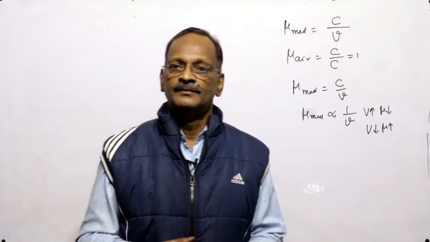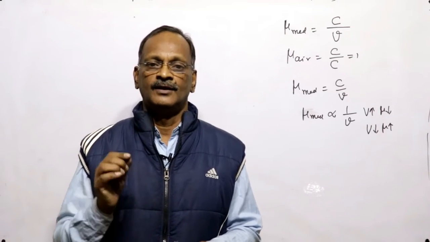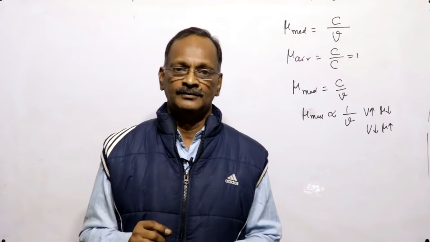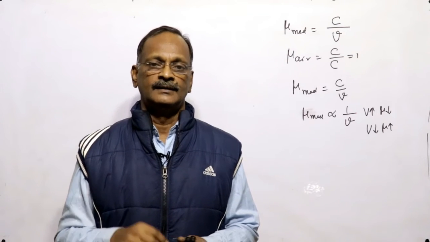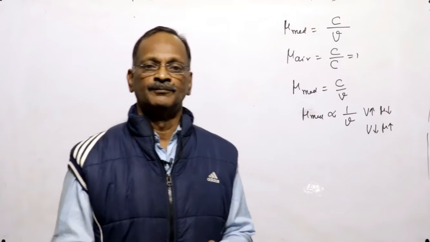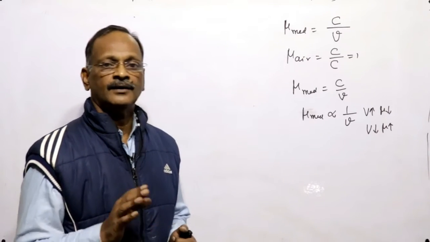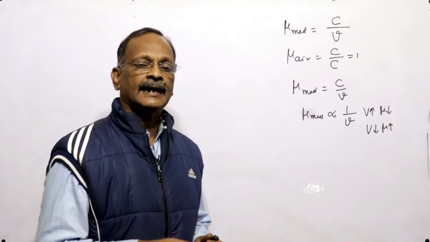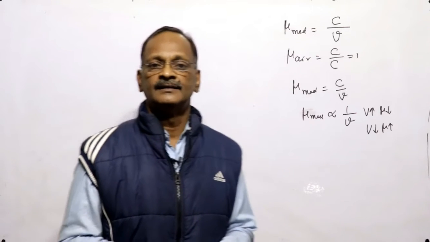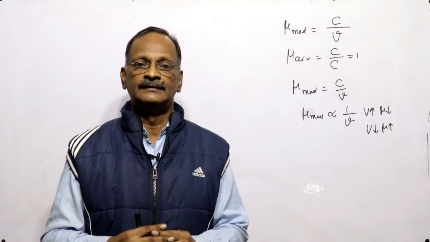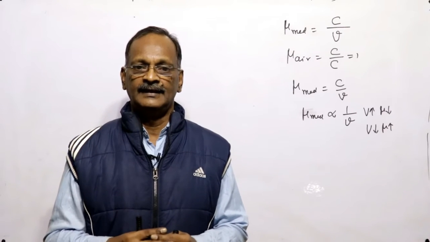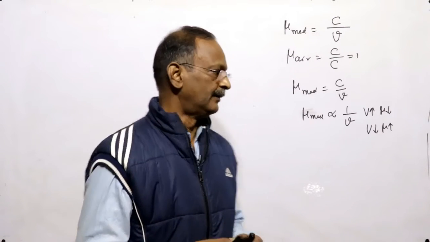The velocity of light in free space is equal to 3 into 10 to the power 8 meter per second, and that is the fastest velocity of light, that is in the air. But in a medium, as the medium is denser, its velocity will be less than the velocity of light in the air or vacuum.